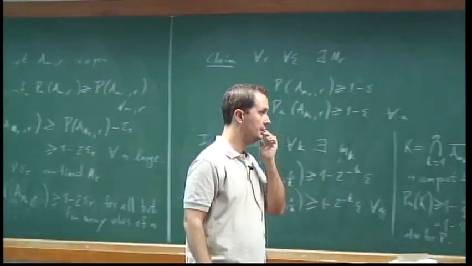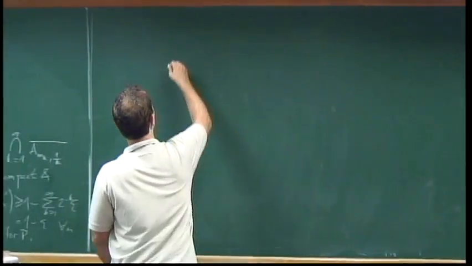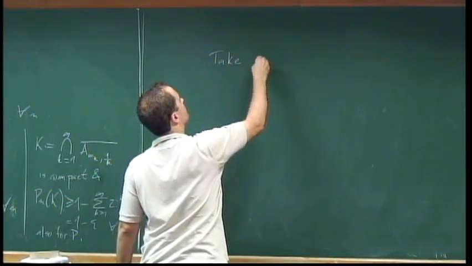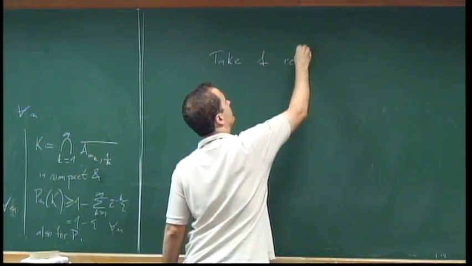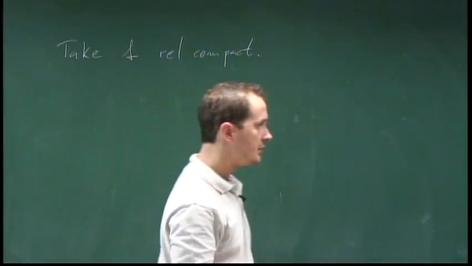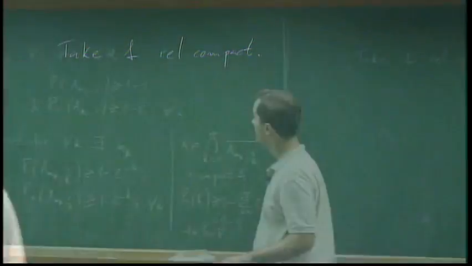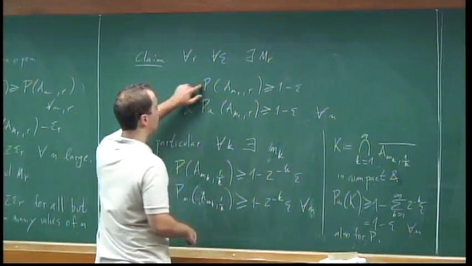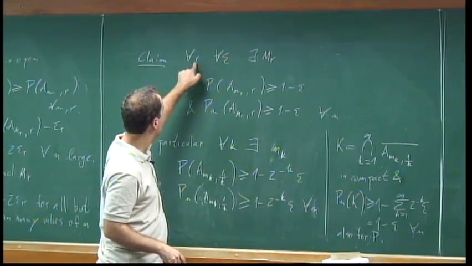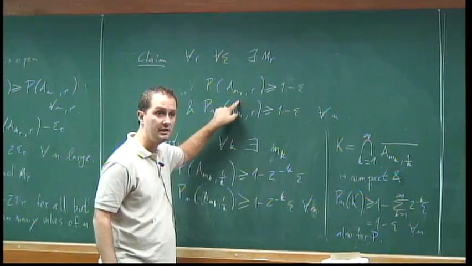All right, take S that's relatively compact. So let me try to say what's proven here. The argument we have here is the following. Suppose that you have a family of measures for which for all r, for all epsilon, you can find an M_R such that this holds. Then this family is tight.